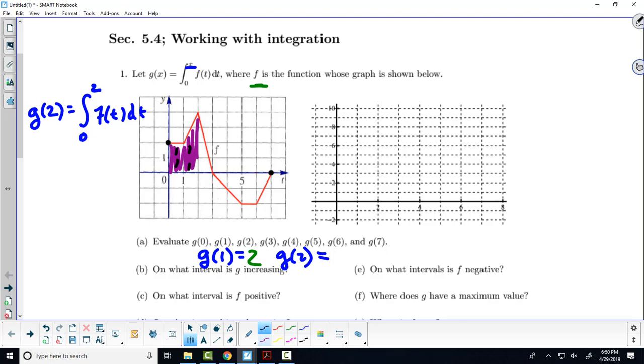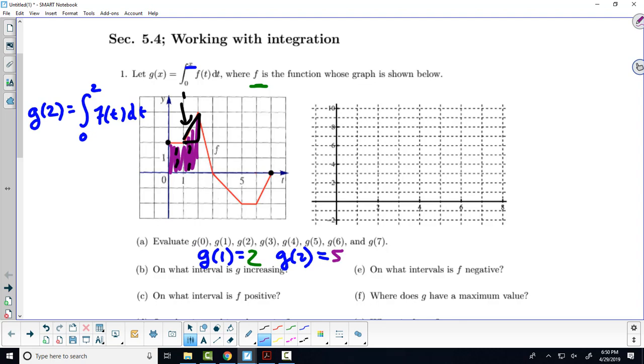So I'm up to 4. And then what's left? I better compute the area of this little triangle right here. What's the area of a triangle? It's half the base times the height. So it's 1/2 the base, which is 1, times the height, which is 2. So what's the area of this part? 1. So what is g of 2? G of 2 is 5.